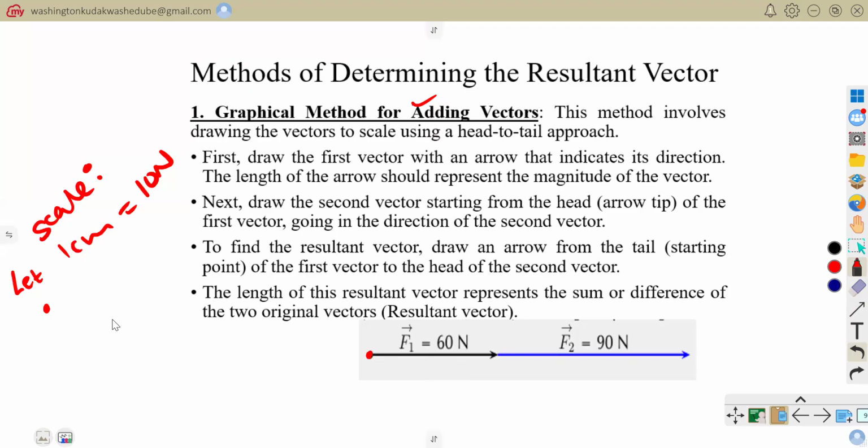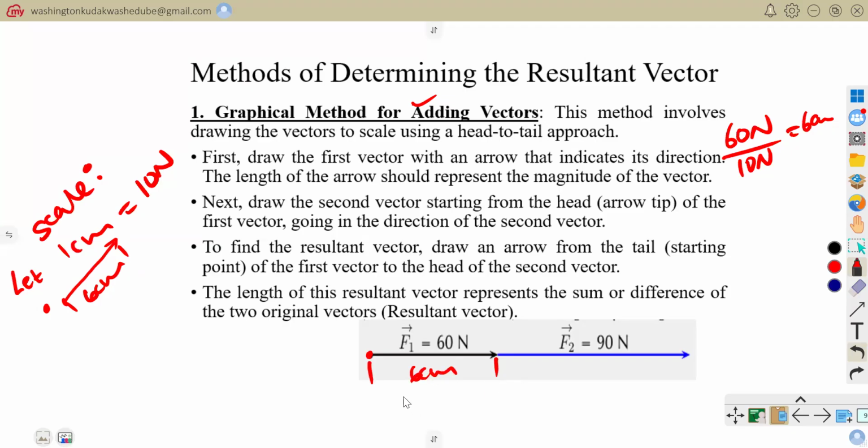If 1 centimeter represents 10 newtons, then 60 newtons is equivalent to 6 centimeters. So this arrow has to have a length of 6 centimeters.